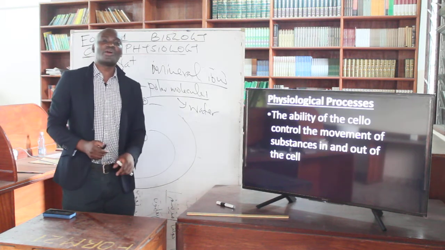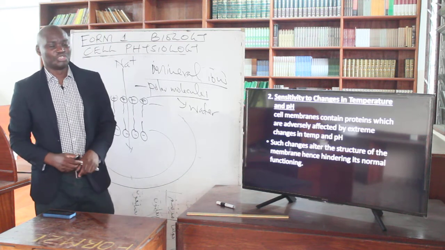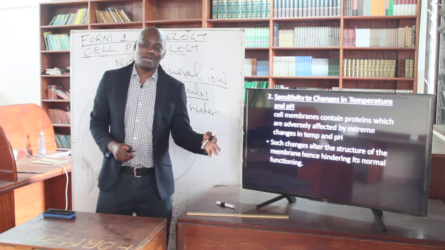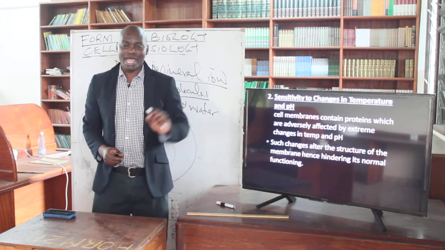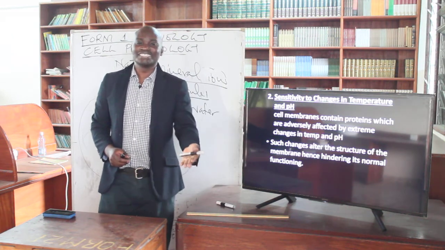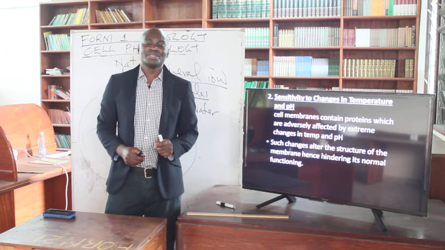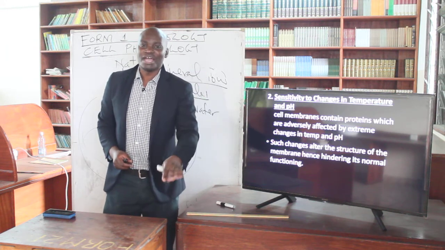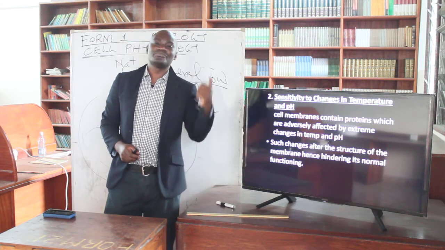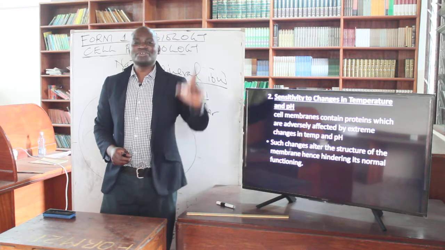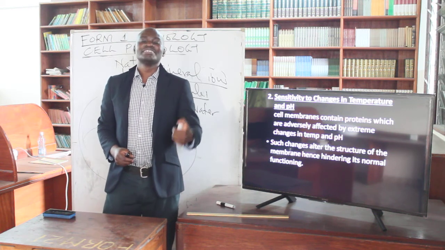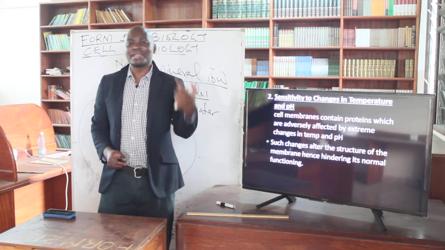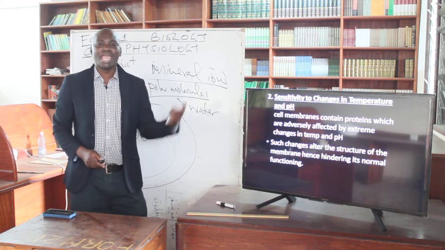We have also talked of sensitivity to temperature, where we have said because the cell membrane is made up of proteins and protein molecules are sensitive to changes in temperature, any change in temperature will affect the structure of the cell membrane. When the structure of the cell membrane is affected, then obviously the movement of substances into and out of the cell will also be affected.